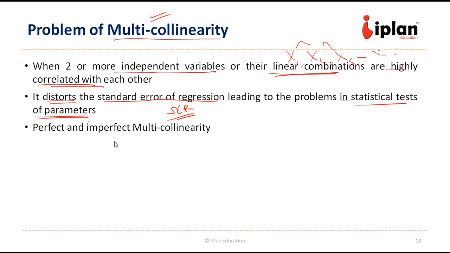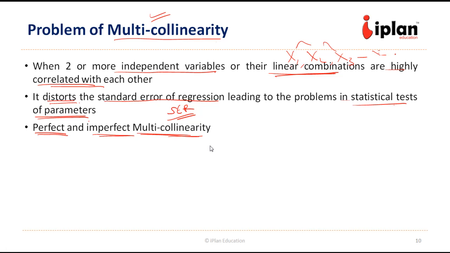Now we have two kinds of multicollinearity. One is perfect multicollinearity, where two variables are perfectly correlated with each other, and imperfect multicollinearity, where two or more independent variables are not perfectly linearly related to each other, but there is a strong correlation.